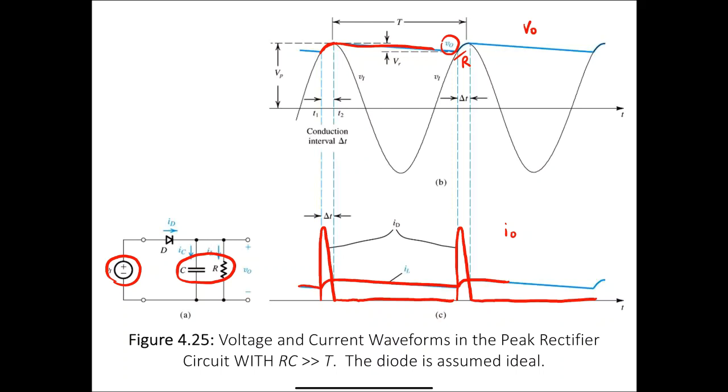Now, one value that we are concerned with is this gap here, which is called VR, or the ripple in the output voltage. Because now the capacitor is able to discharge through the resistor, it's not going to have this completely flat line as we saw in that one previous example.